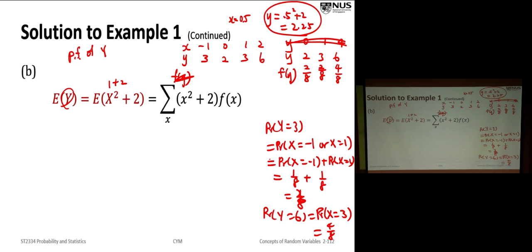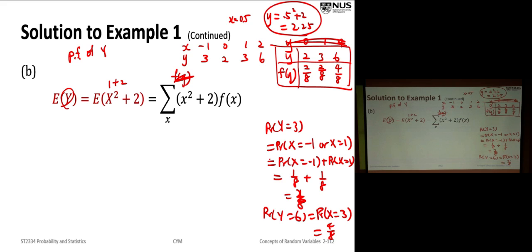So then you can work out the expectation of y and the variance of y based on this probability function. All right? This is one way to do it. That means you treat this function of x, call it y, which is x squared plus 2, work out the probability function, which needs the values of y. In this case, it's 2, 3, and 6, and the corresponding probabilities.